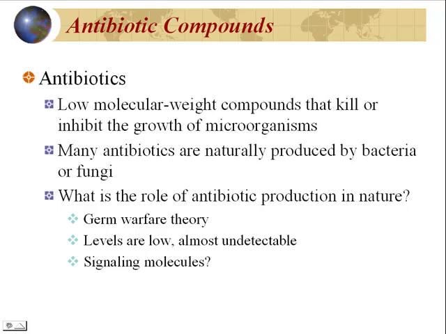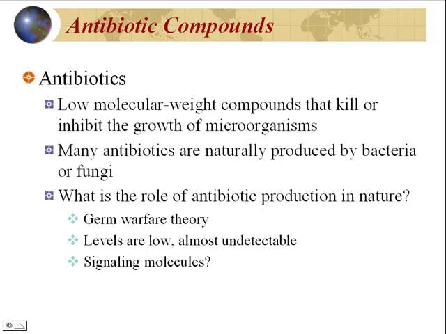Again, antibiotics exist in the environment naturally. What we have done is tweak their structure so that they function a little bit better, have longer lasting action, and may target some bacteria more specifically. But again, we can't forget that the original antibiotics are naturally produced by organisms in the environment.